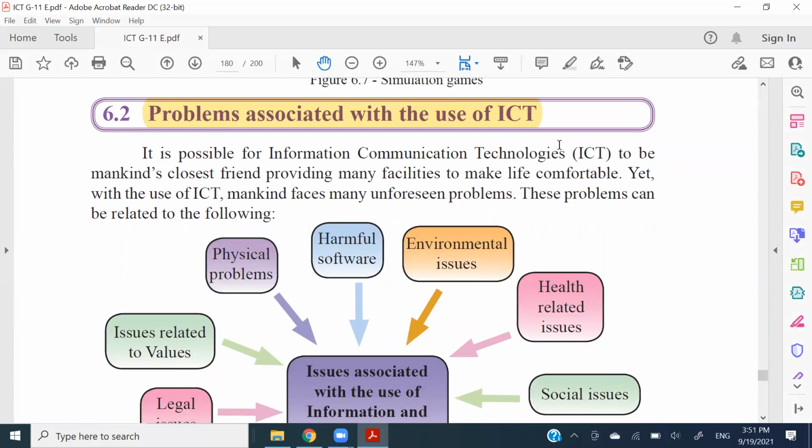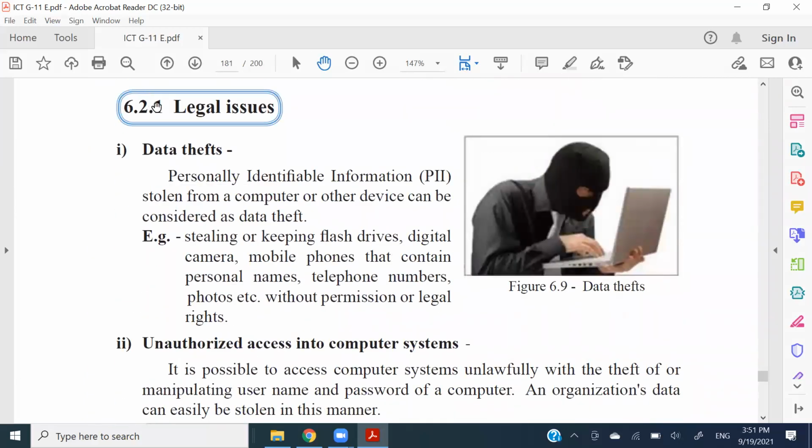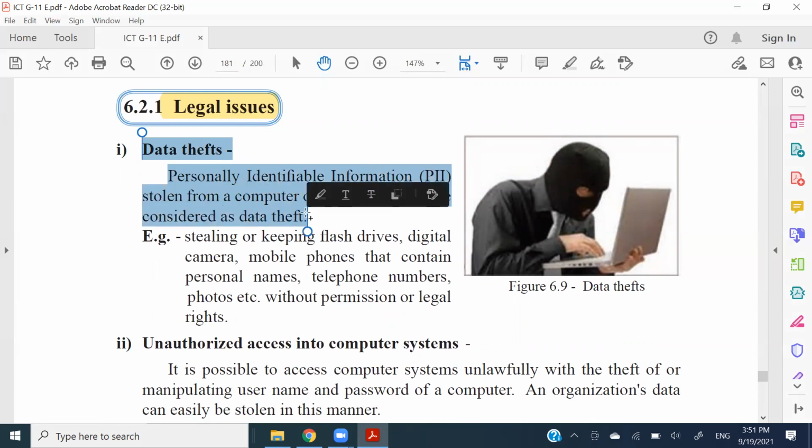Then you can straight away go to the legal issues. Have this as the very first subheading, legal issues. So in the data theft, copy this stuff, people.